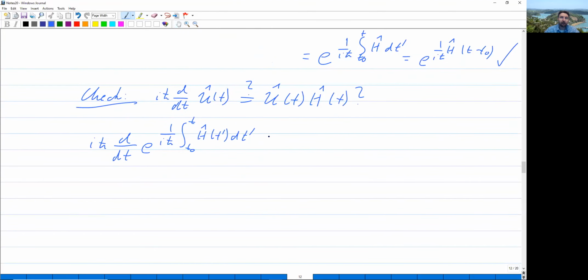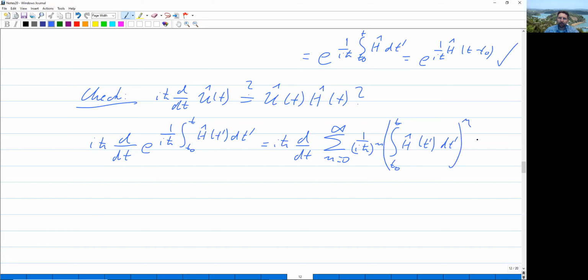Well, we have to spell out what it is. It's iħ d/dt of the sum n equals 0 to infinity of 1 over iħ to the power n, and then that entire integral here to the power n, t naught to t, Ĥ(t') dt', to the power of n, and then 1 over n factorial.